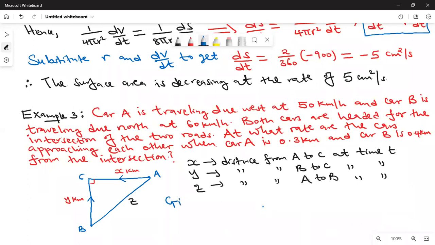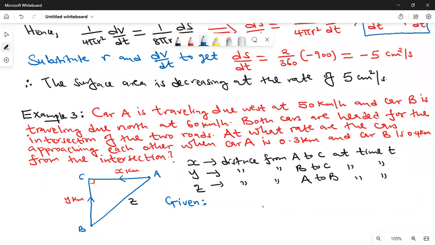We are told that, when we talk of speed, it is distance over time. The rate of change of distance, that is what we are calling the speed. So in the question, we are told that car A is traveling due west at 50 kilometers per hour, and car B is traveling due north at 60 kilometers per hour.